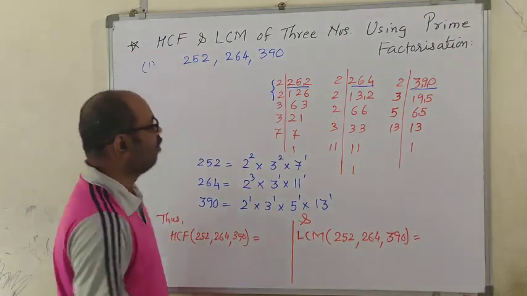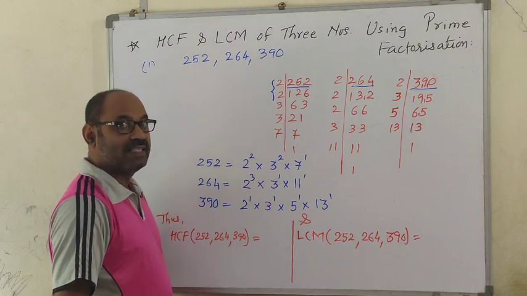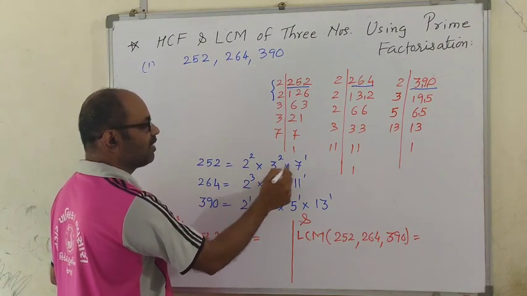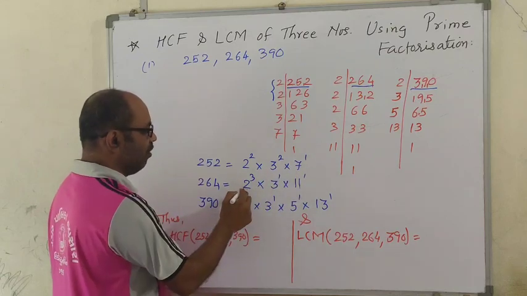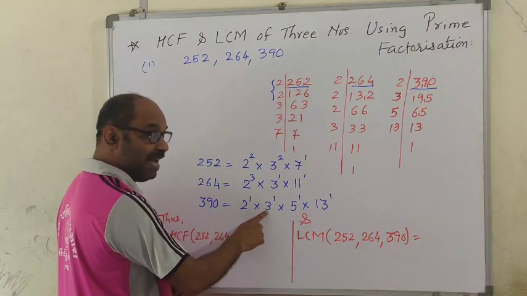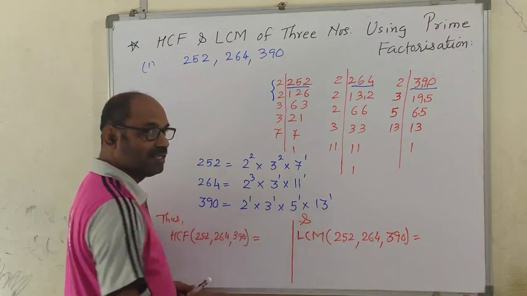Please, children, first underline the powers with the same base. Here is the power whose base is 2, the power with base 3, the power with base 7. Power with base 2, base 3, base 11. Power with base 2, base 3, base 5, base 13.